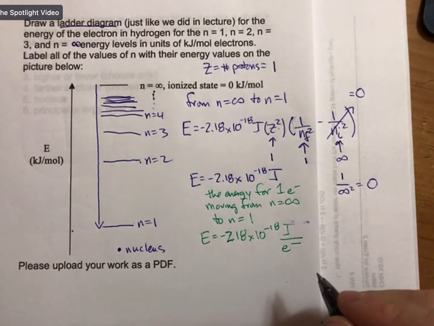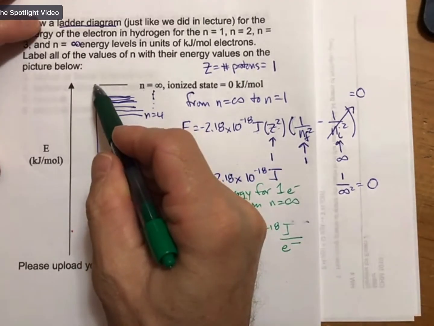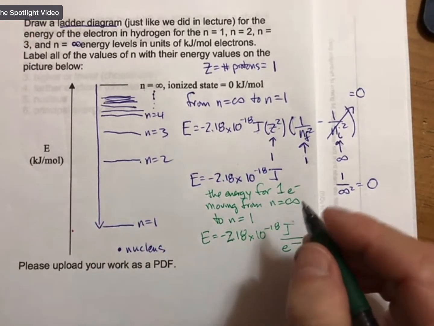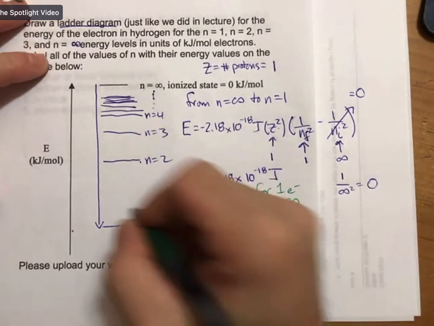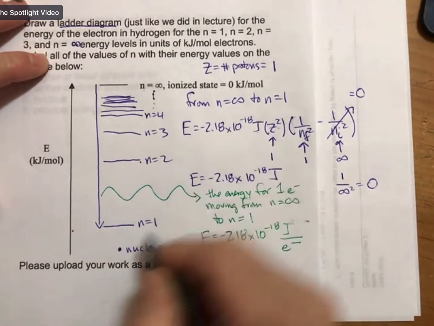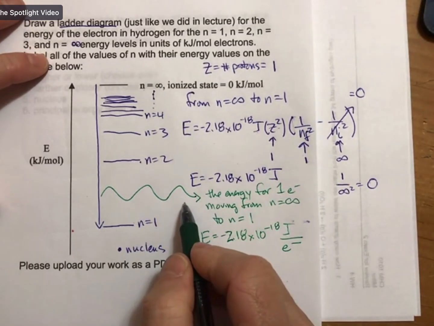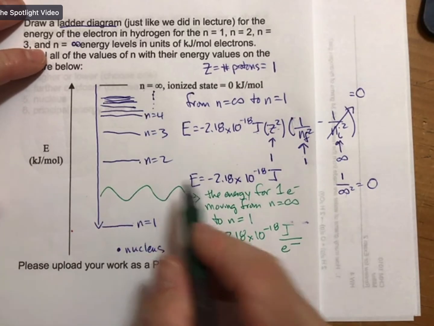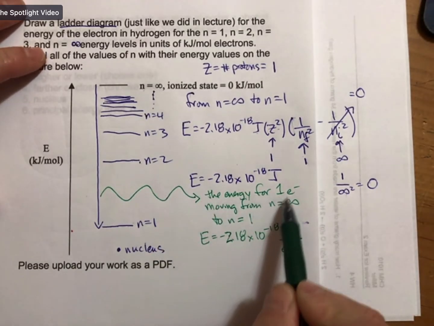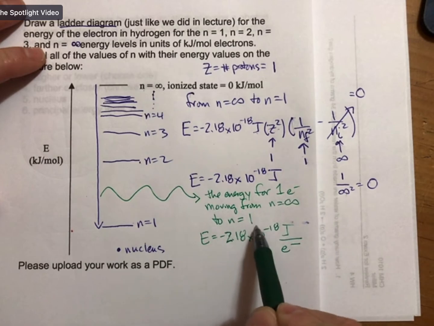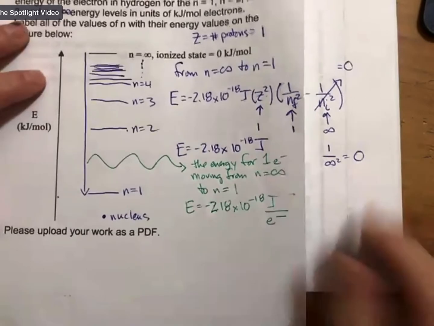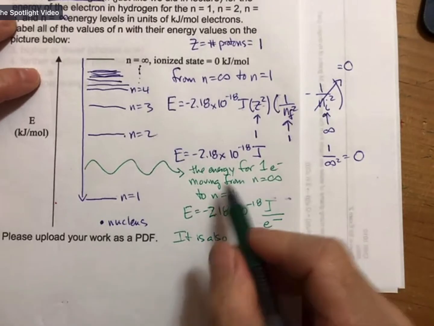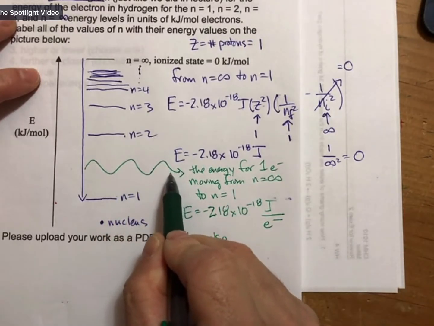And as we talked about again in lecture, as the electron moves, it gives off energy, and it gives off that energy in form of a wavelength of light. And that wavelength of light is called a photon. So this energy is the energy for one electron moving from n equals infinity to n equals 1. It is also the energy for a photon being emitted.